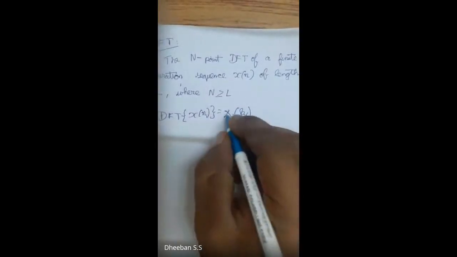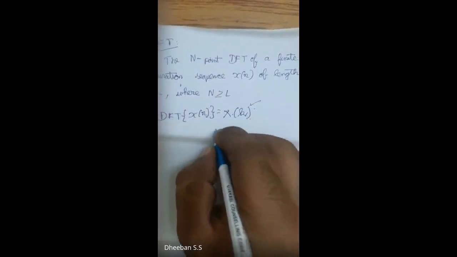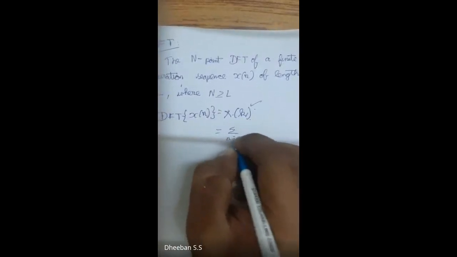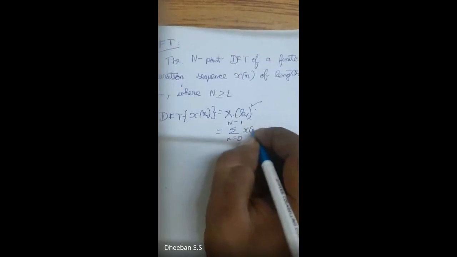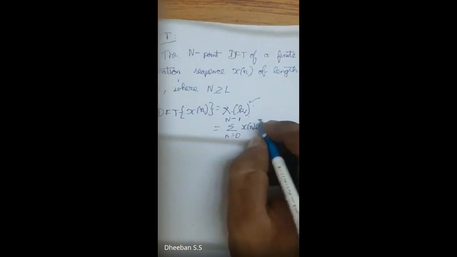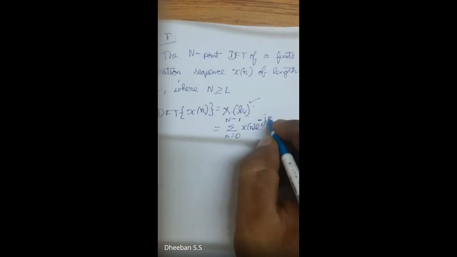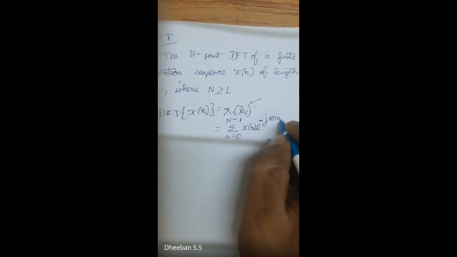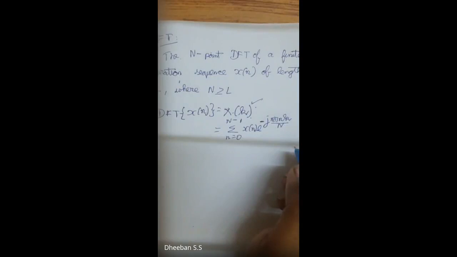For DFT you represent it like this: x of k is equal to summation n equal to 0 to N minus 1 of x of n e power minus j omega n. The omega value we already know: omega value is 2 pi k by capital N. Okay, so this is it.